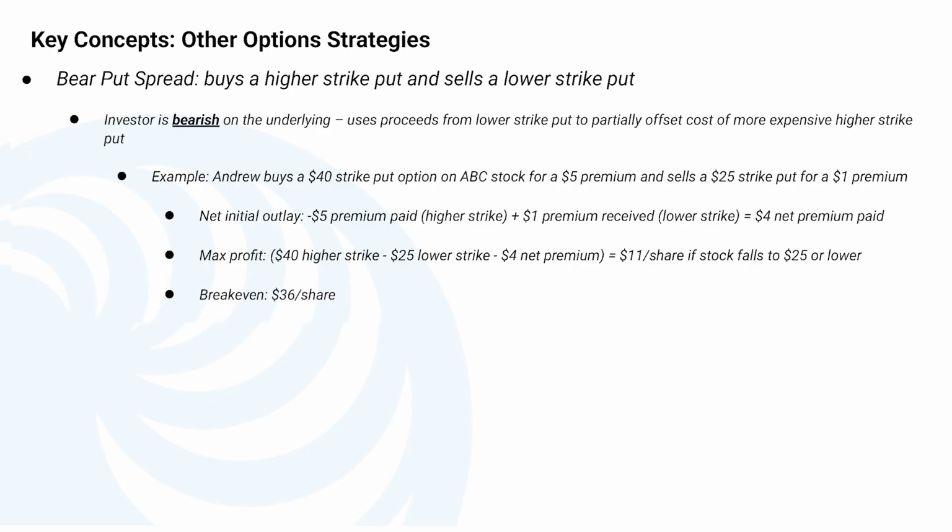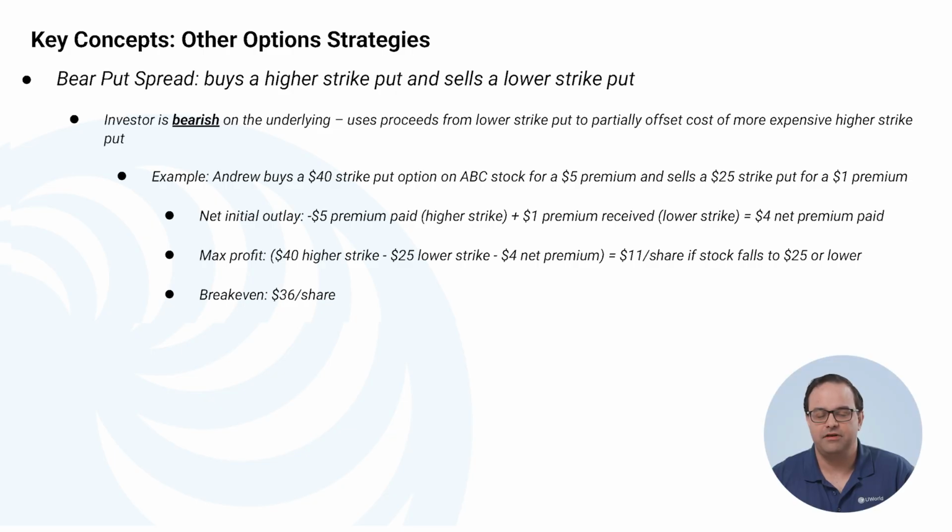The break even would be $36 a share, simply that $40 higher strike price less the $4 premium. And this is an example of an investor looking to express a bearish view on the underlying security. They're betting on the price to fall below that higher strike put that they're long, and they're partially subsidizing that position by writing a lower strike put.